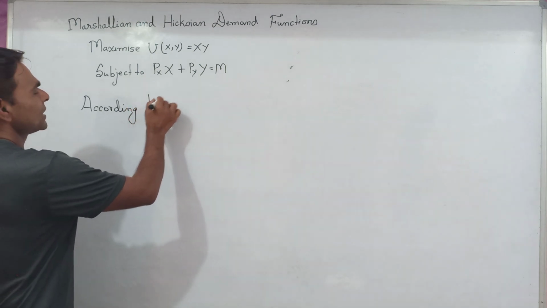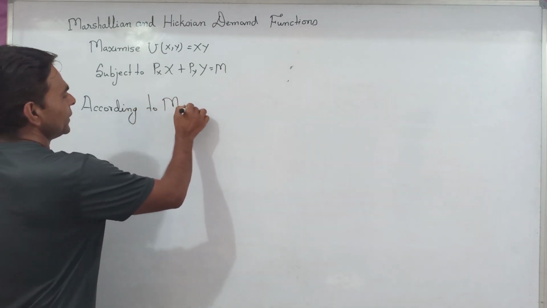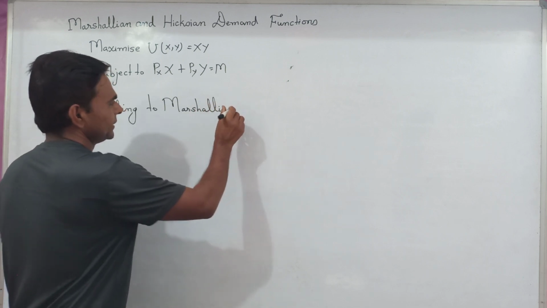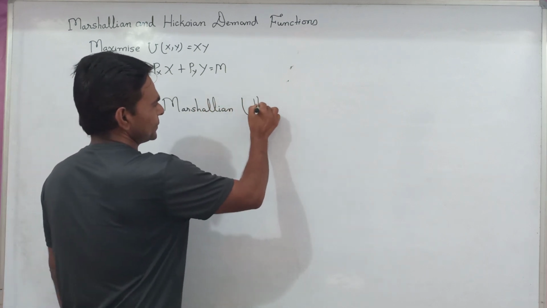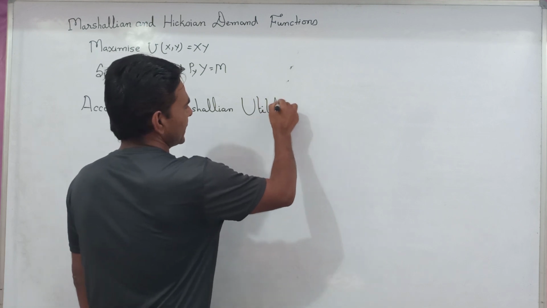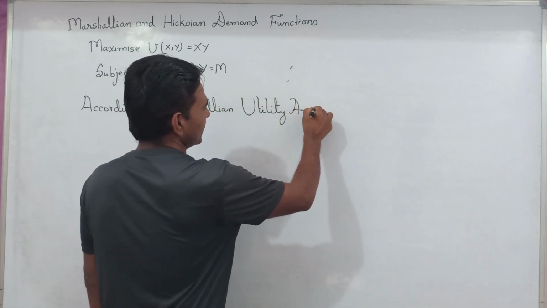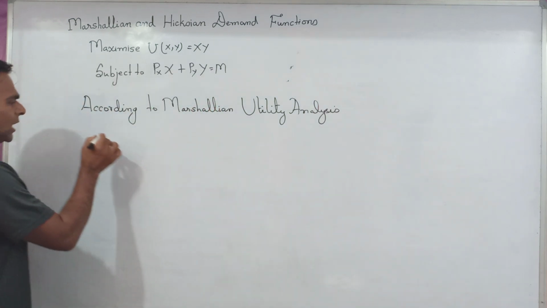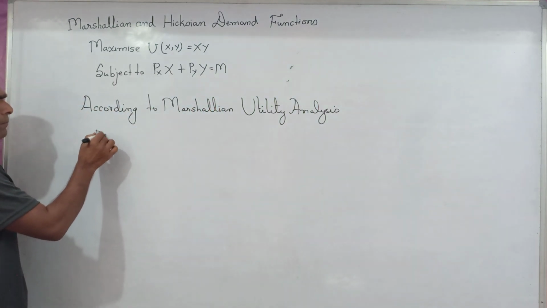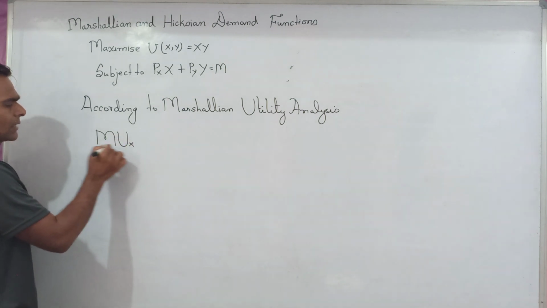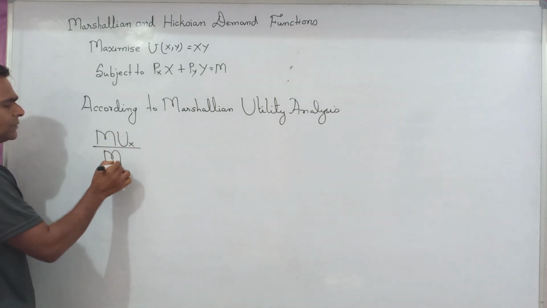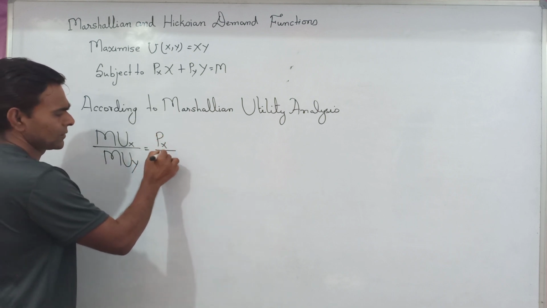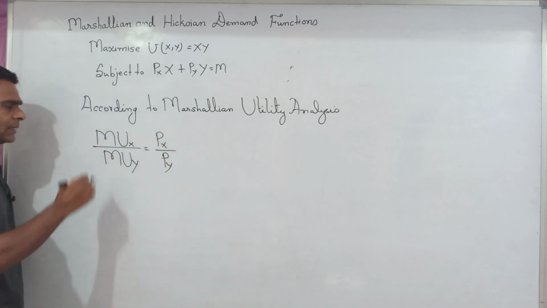According to Marshallian utility analysis, as we know, marginal utility of x over marginal utility of y equals the ratio of their prices, that is price of x by price of y.